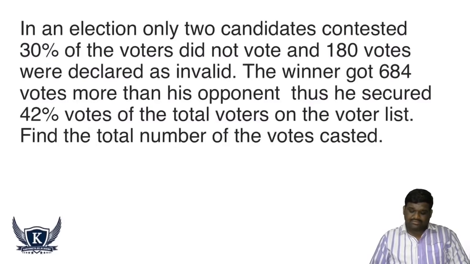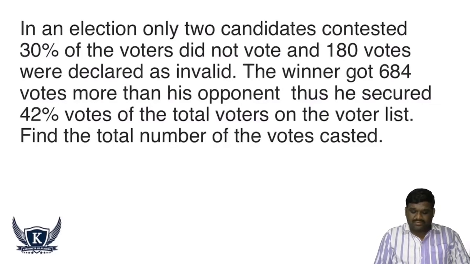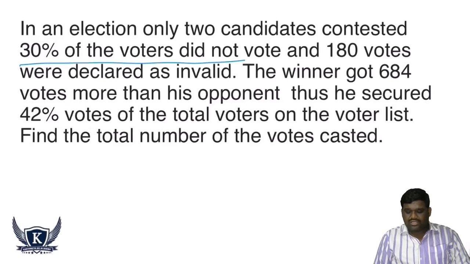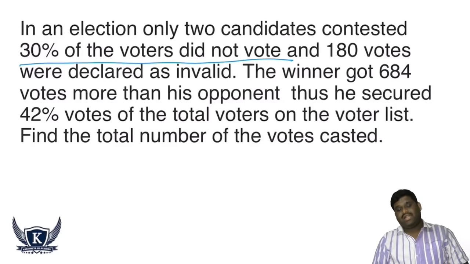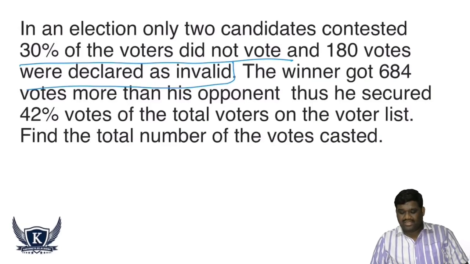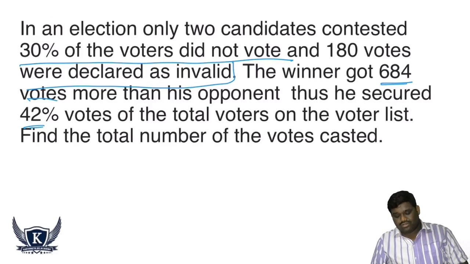In an election, only two candidates contested. 30% of the voters did not vote and 180 were declared as invalid. The winner got 684 votes more than the opponent. Thus he secured 42% of total voters on the voter list.